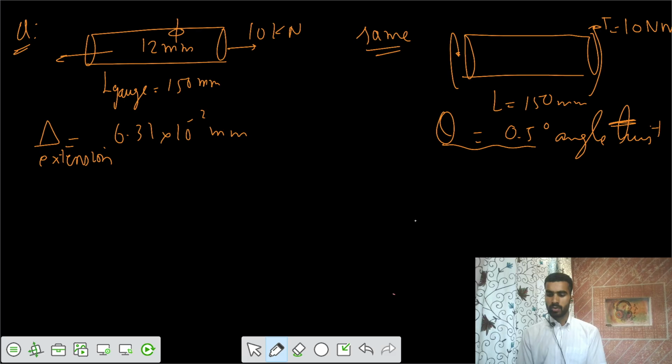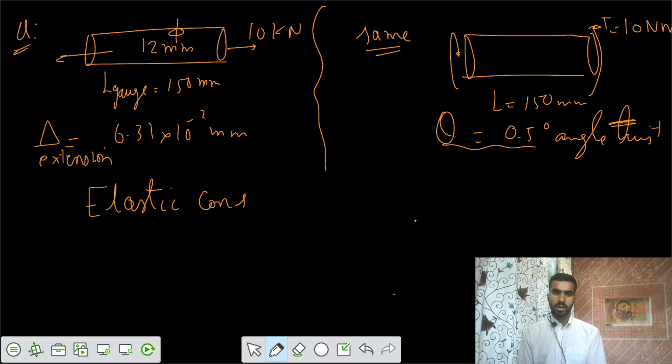So you got this part now. And you need to get those elastic constants: E, G, K, mu. These values you need to solve for.